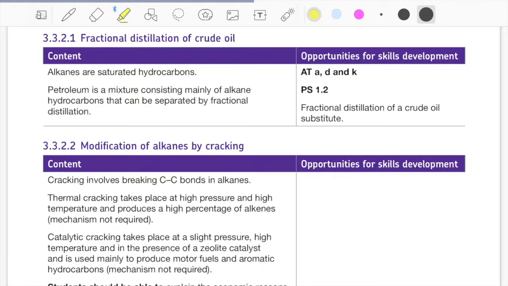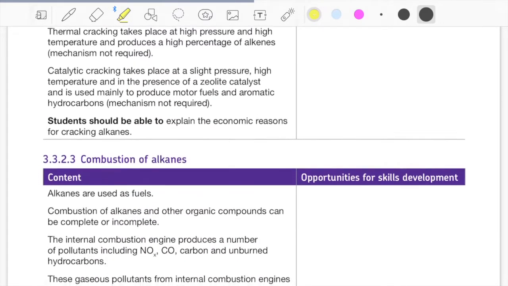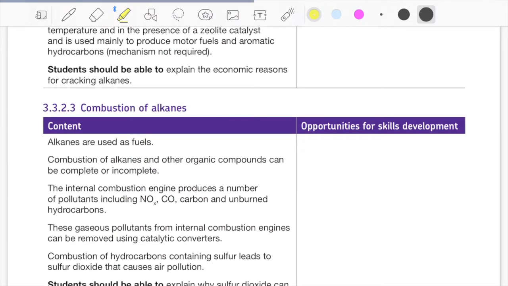But anyway, you did fractional distillation of crude oil. You did cracking, or the modification of alkanes by cracking, and you did combustion of alkanes. All of those things were topics in the GCSE. What I'd say about the A level is that it only takes some of those things a little bit further, so we're building on what you hopefully already remember.